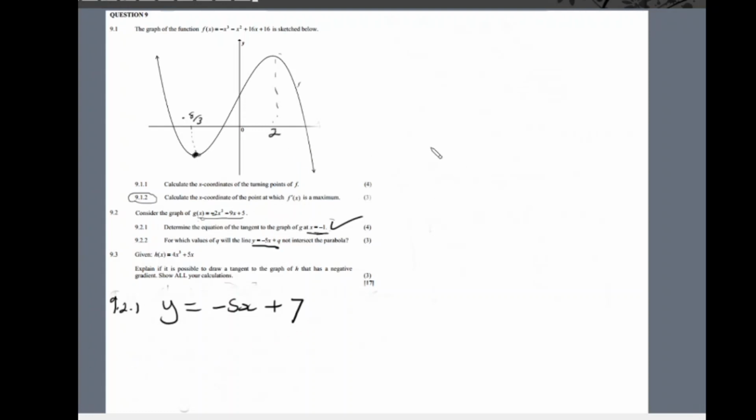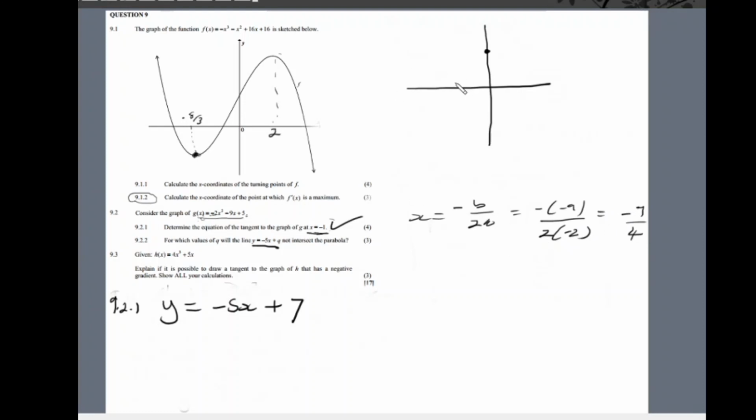If we draw a rough sketch of that parabola, we know it has a y-intercept at 5, that will be somewhere there, and then it has a turning point at x equals minus b over 2a, where b is equal to minus 9 and a is equal to minus 2. So this will be minus 9 over 4, right?